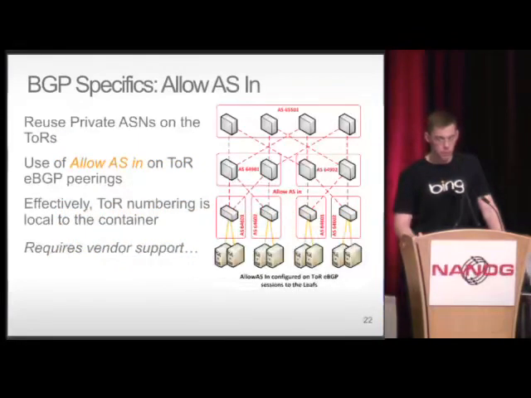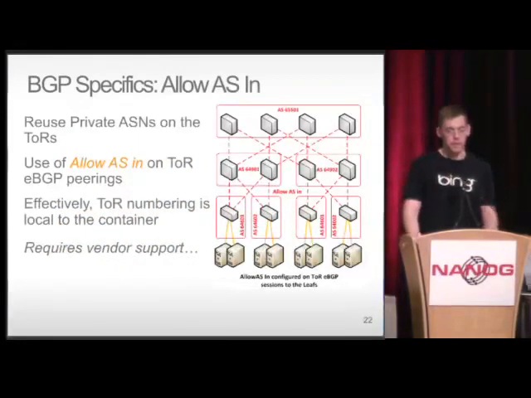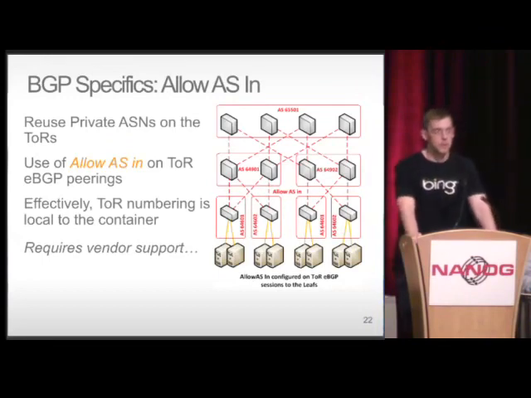So the question was, how can we use private AS numbers in this topology without getting into any black hole routing issues? The solution was another pretty old and well-known functionality known as allow-AS-in, which permits a BGP speaker to accept its own AS number again.